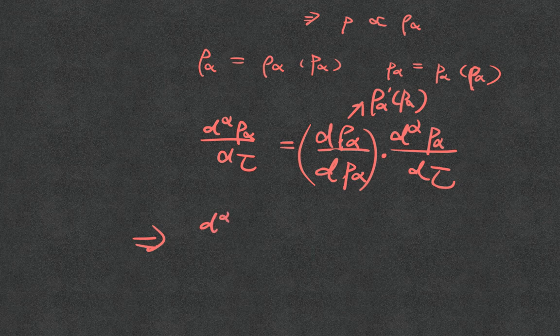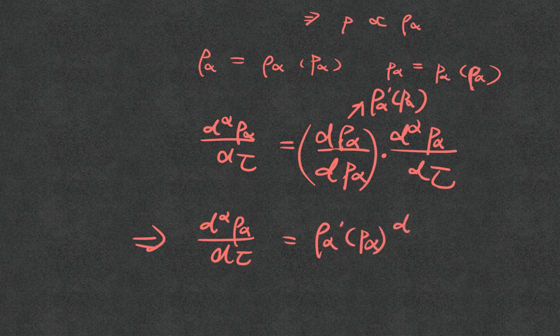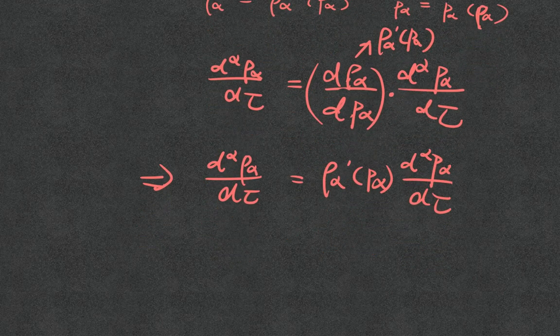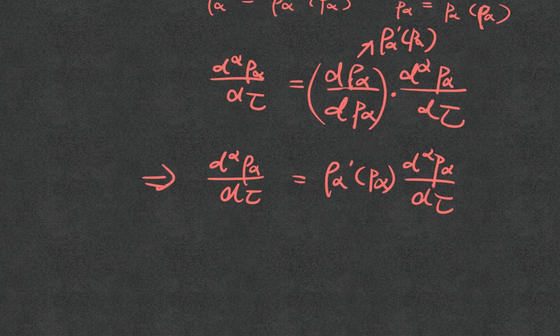So we will have this. And then I have, sorry, I have the whole thing divided by 1 divided by a rho.